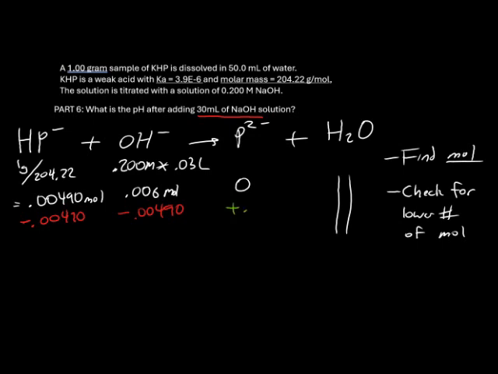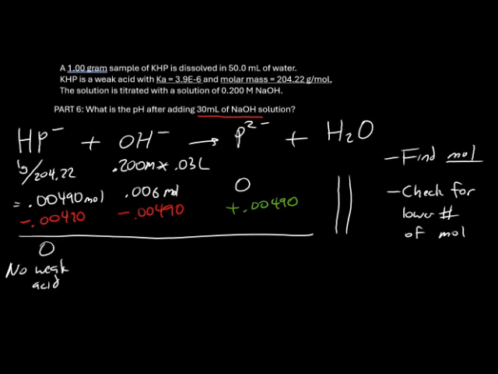We will gain that number of moles for our product. When we do the subtractions, we will have no moles of weak acid left. We'll end up with 0.0011 moles of our strong base. And we'll end up with 0.00490 moles of our weak base.